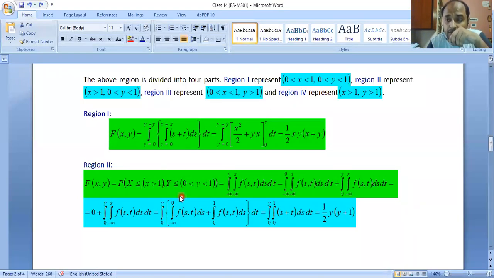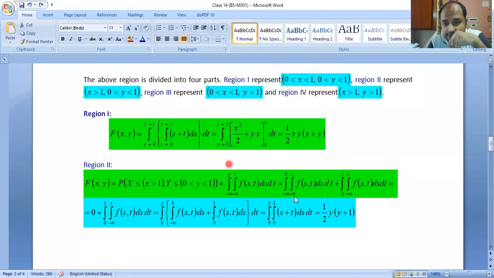Y is less than or equal to small y. What is the nature of small y? Small y will lie between 0 and 1. So inside this first parenthesis, the nature of the variables x and y has been written. Don't get confused. Now, I have put the limits from minus infinity to y, minus infinity to x. By definition, this is my definition of F of x comma y, f(s,t) ds dt.